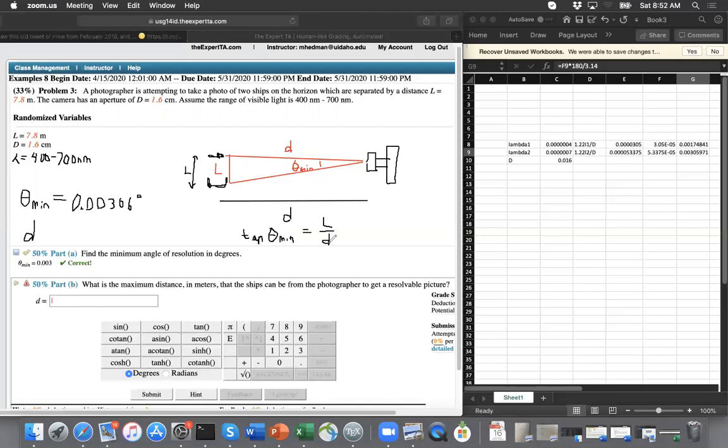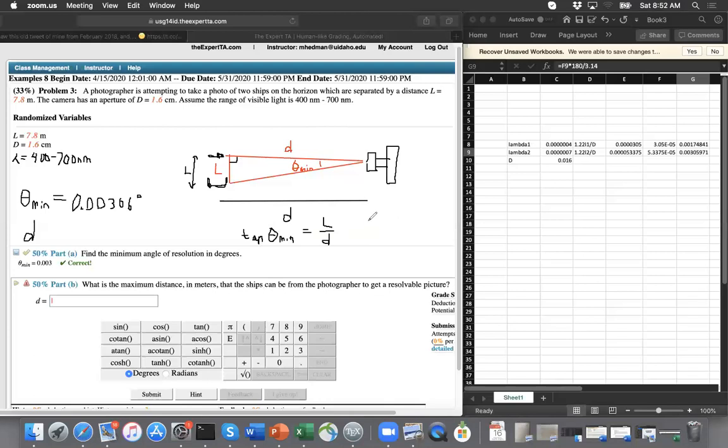Now, you might say, wait a minute. What if I didn't arrange for this to be the right angle? What if they were offset a little bit? Well, those sorts of criteria don't really matter in this case because theta min is so small. If we had to throw in a couple of extra angles here, it turns out it doesn't matter.